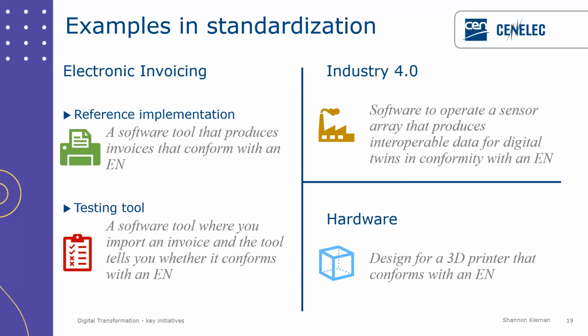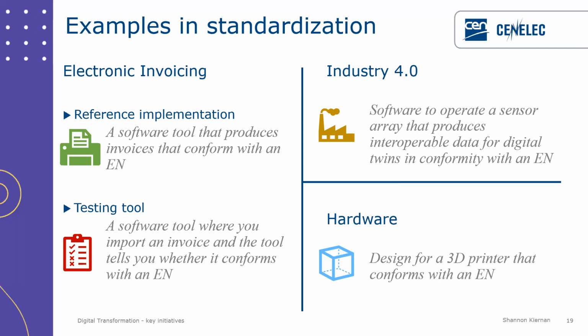It's also relevant in Industry 4.0. For example, you might have some software that's used to operate a sensor array, which is really important for producing interoperable data, for example, to use it with a digital twin. And the way that it produces that data could be in conformity with a European standard. But this is not all about software necessarily. You can have many kinds of design. For example, you could have hardware.